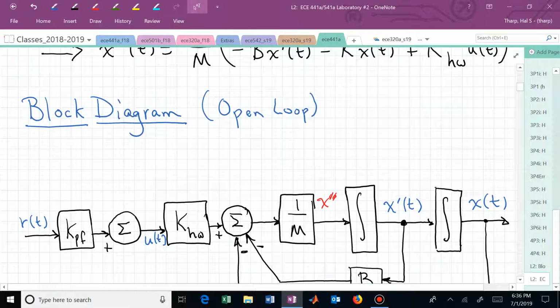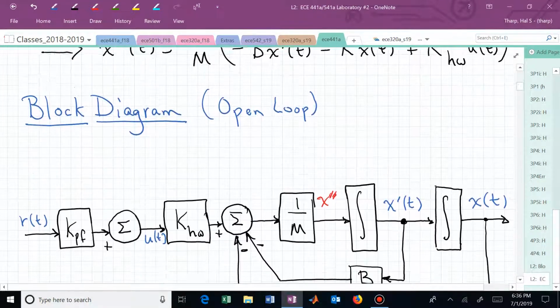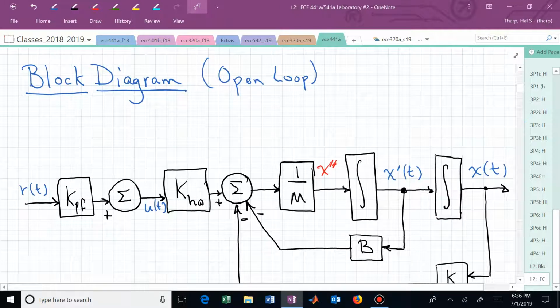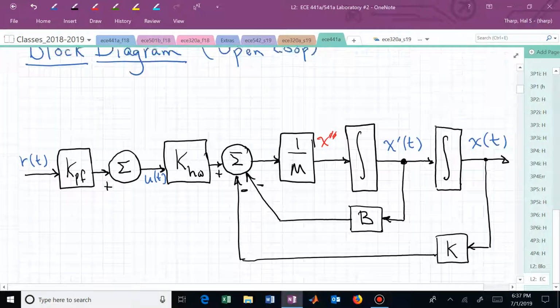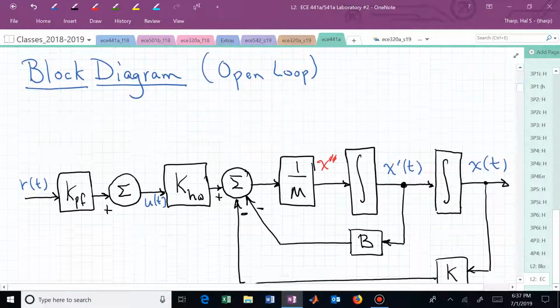That's the scaling constant to the left of the acceleration, and it will scale minus bx prime, the first signal we see moving clockwise from the input to that scaling factor 1 over m in the summing junction. We have minus kx and plus k hardware u.